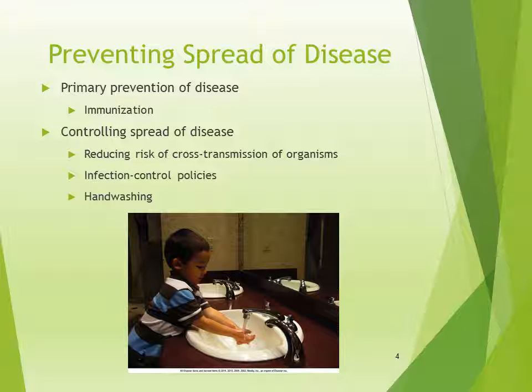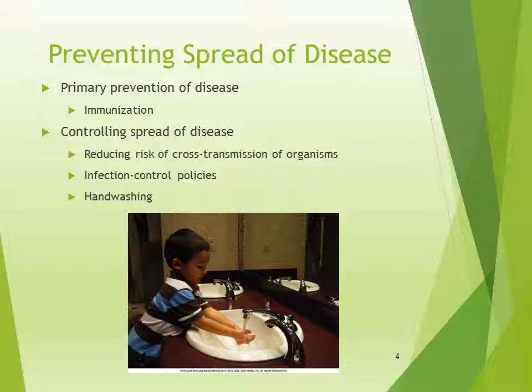One of the most important things that we do is we stop the spread of disease. So remember that our primary prevention of the communicable diseases of childhood is through immunization. Unless a population has 85% of the susceptible hosts immunized, the entire population is at risk for communicable diseases.